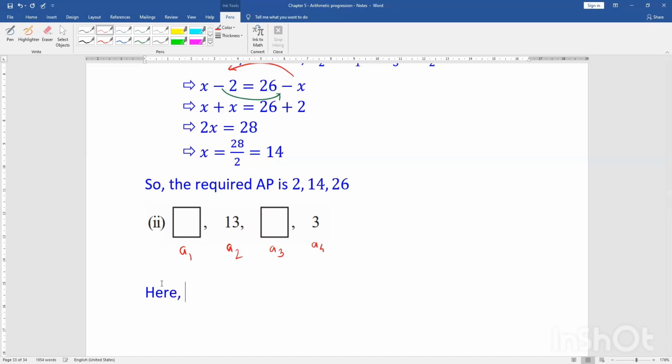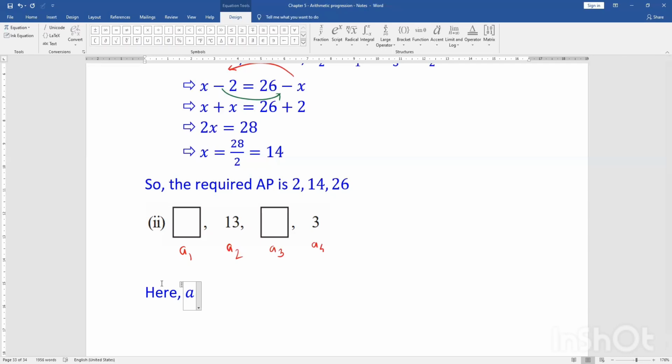Here, A2 is, so what is A2 going to be? A2 is 13. Then we have A4. So A4 is going to be 3, right? So A4 equals 3.